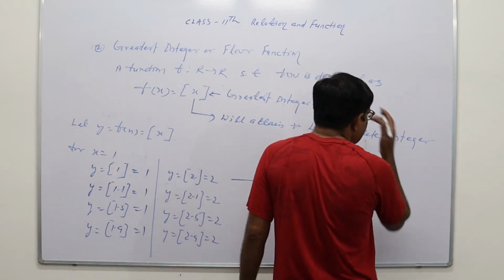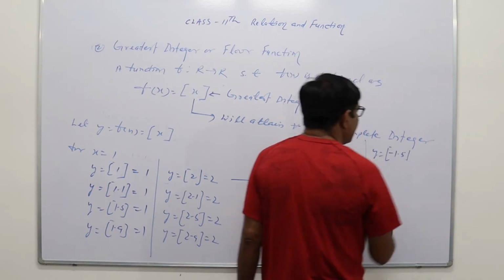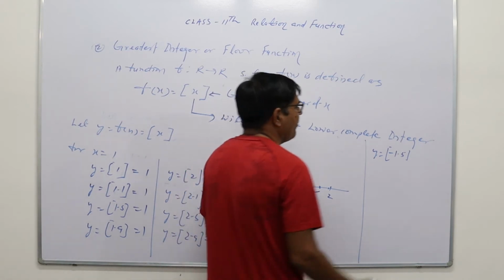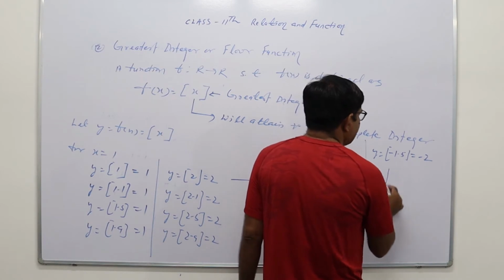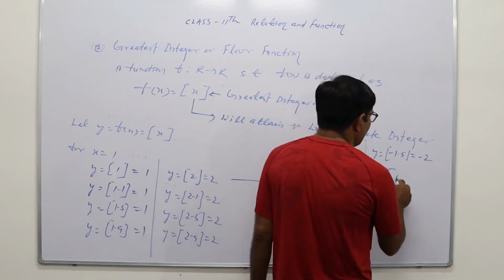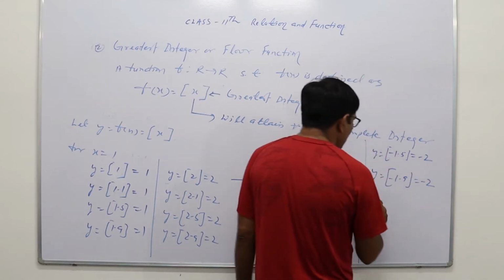the greatest integer of minus 1.5, then the lower complete integer of minus 1.5 will be equal to minus 2. Similarly, let x equal minus 1.9, then it will also be minus 2.